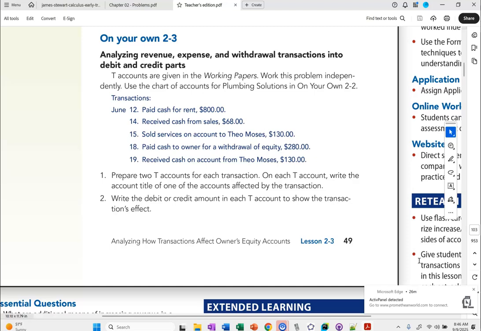I'd say sales, and then sold service on account. What's the second title?